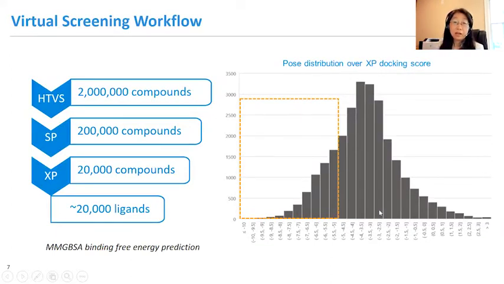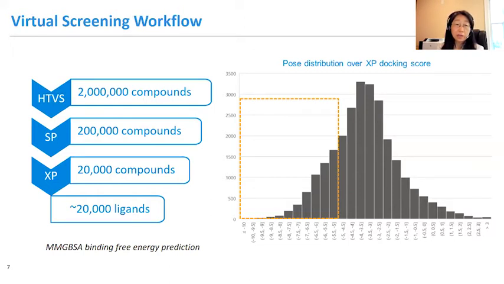In a hypothetical sense, this is a possible outcome from a virtual screening workflow. We started with 2 million compounds at a very high throughput screening mode and funneled that down to the higher precision docking methods at about a 10% retaining rate.